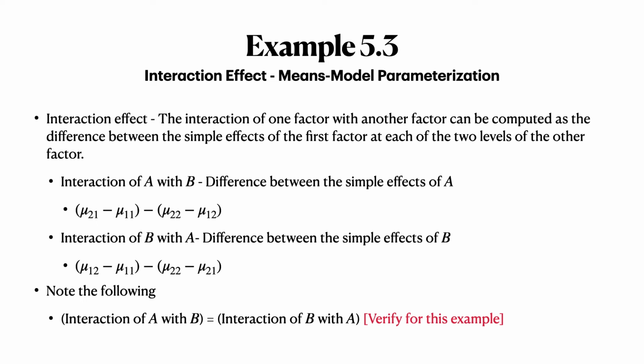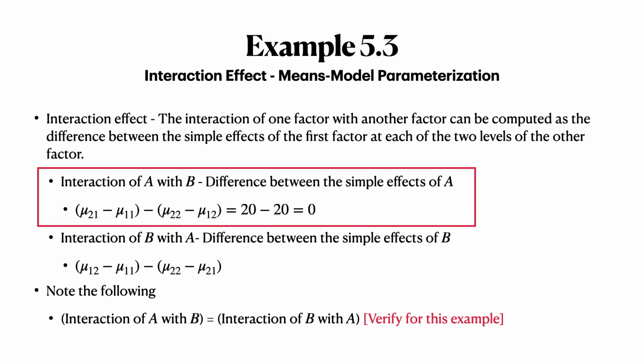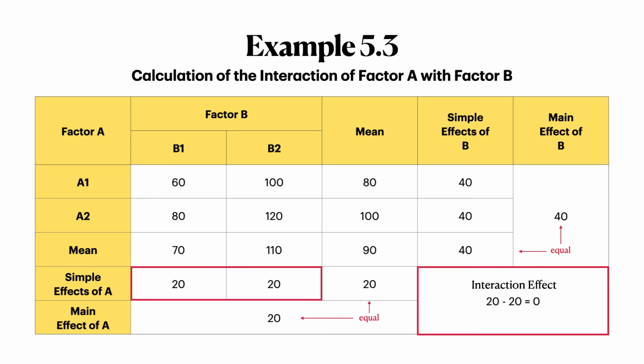The simple effects were both found to be 20, and so the difference between them is obviously going to be 0. So the interaction of A with B is equal to 0. We can demonstrate that calculation by taking the difference: 20 minus 20, and so we get 0.